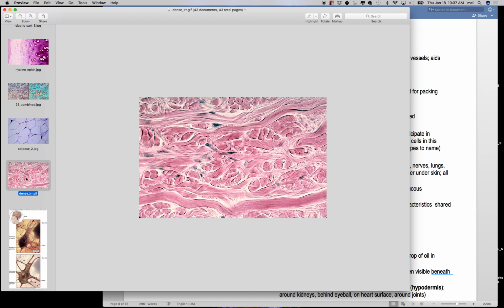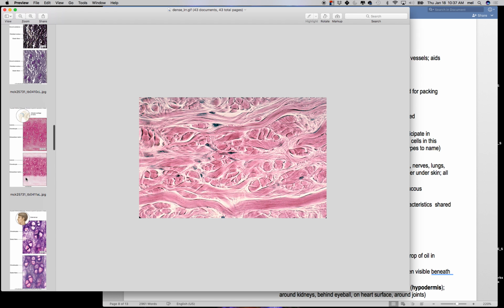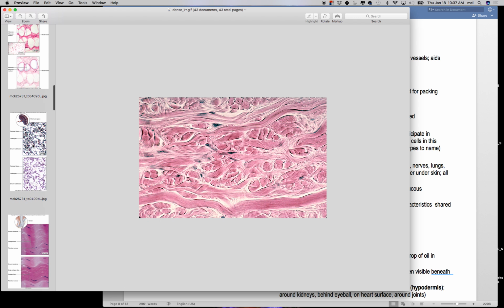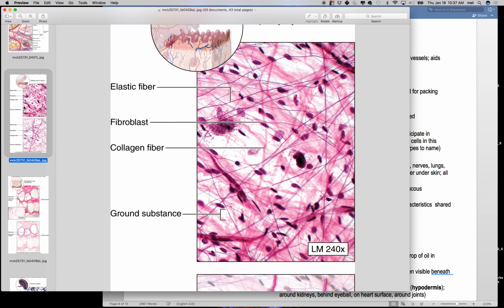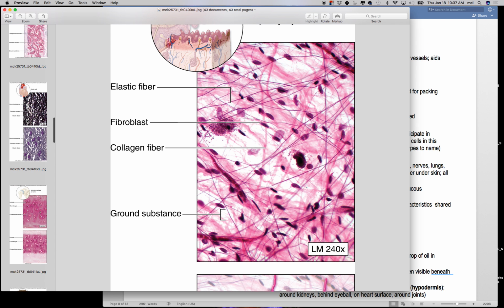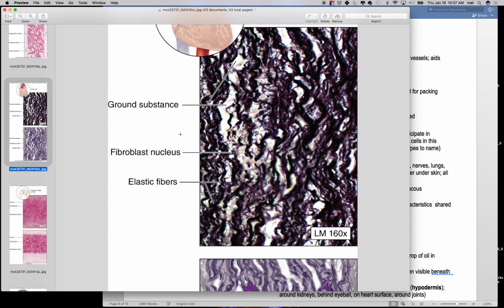How about this one? That's dense, yeah? How about this one? Loose. How about this one? Loose. How about this one? That's dense. Okay, do you see? Okay, so you can usually figure out how to categorize them just based on how full the matrix is.